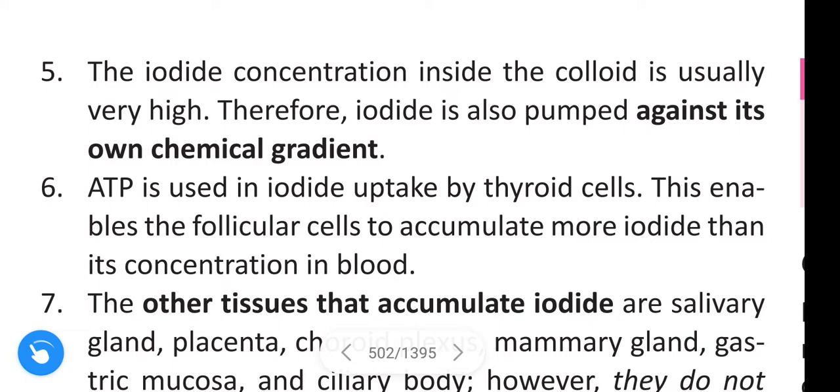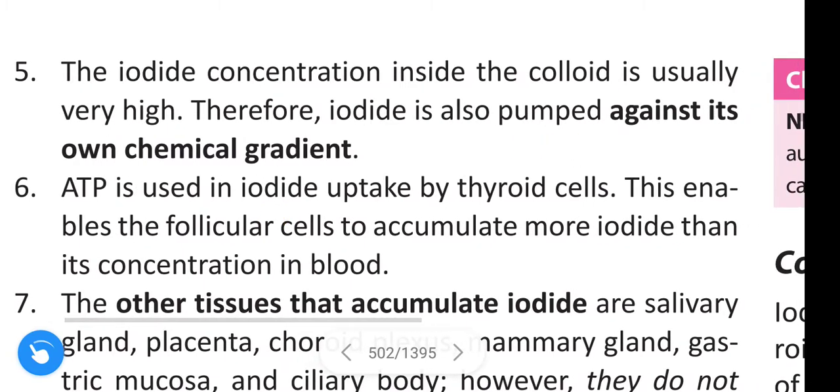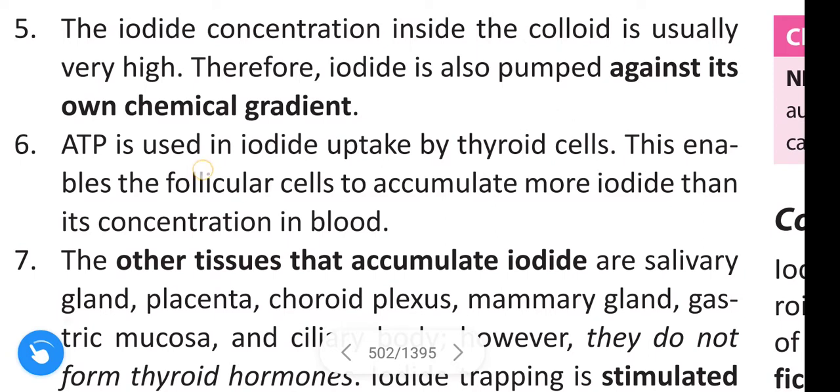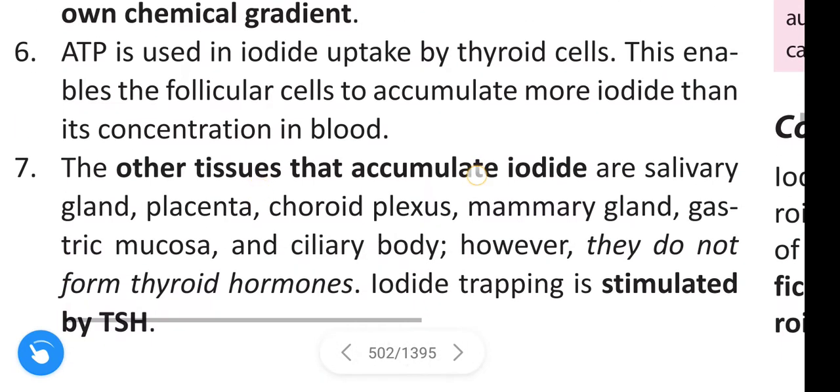The iodide concentration inside the colloid is usually very high, so iodide is also pumped against its own chemical gradient. ATP is used in iodide uptake by thyroid cells. This enables the follicular cells to accumulate more iodide than the concentration in blood or plasma.